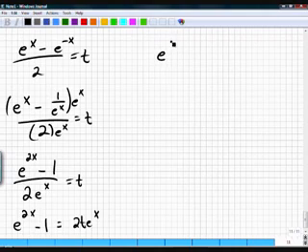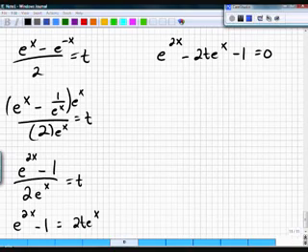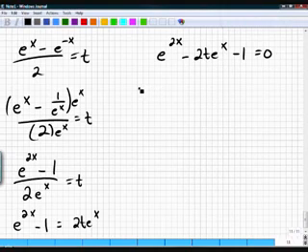So you have e to the 2x minus 2t e to the x minus 1 equals 0. Next up, we're going to complete the square. No problem, this was easy. So we're going to move our 1 over. So we got e to the 2x minus 2t e to the x equals 1.